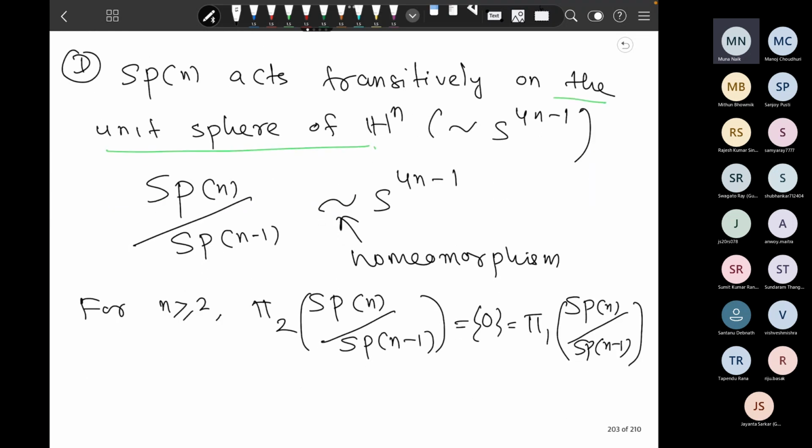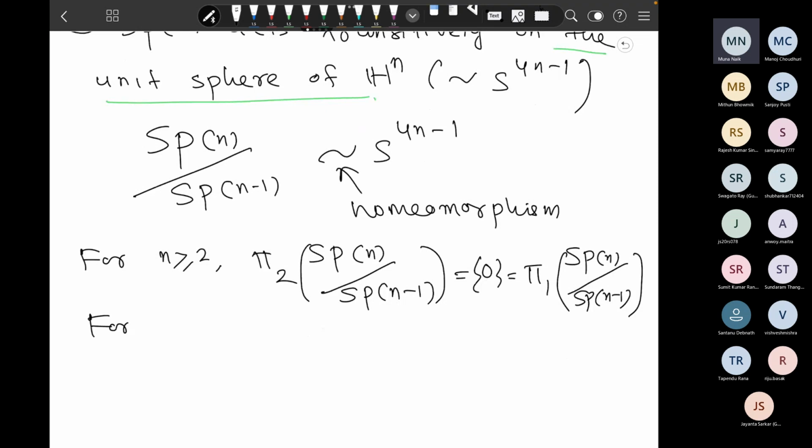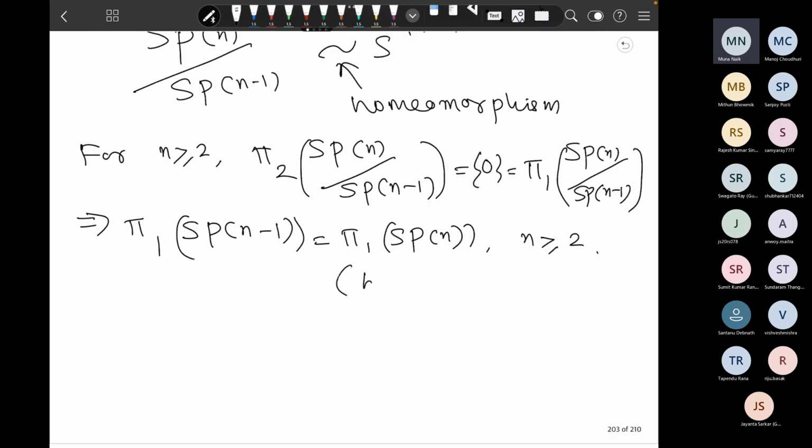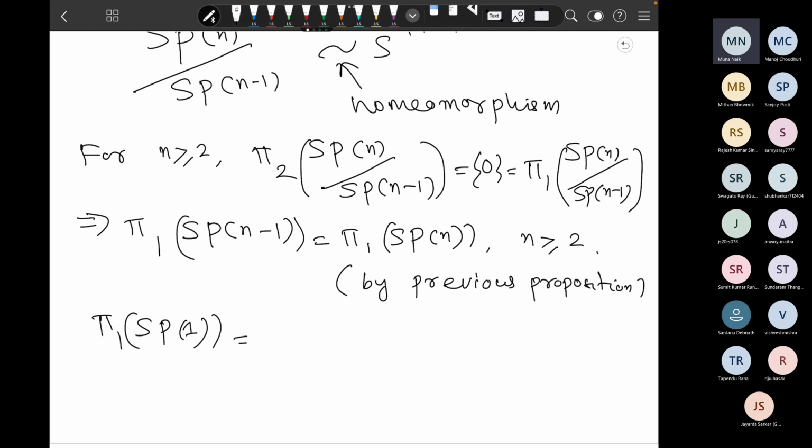Okay, so by applying that previous proposition, this implies pi_1 of Sp(n-1) is equal to pi_1 of Sp(n) for n greater than or equal to 2. So I put n equal to 2, then I will get pi_1 of Sp(1) is equal to pi_1 of Sp(2).